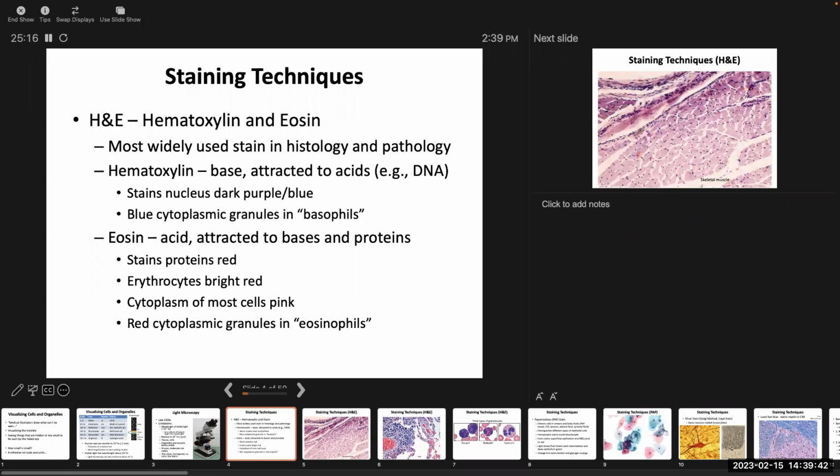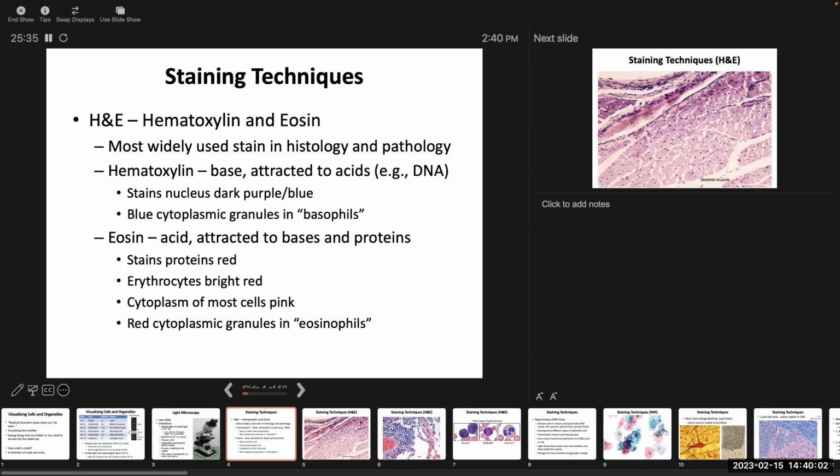So since hematoxylin is a base, they knew that there's something in the nucleus that's acidic. So that's where the word nucleic acid comes from. It just means acidic stuff in the nucleus. And it wasn't until decades later that they found out, oh, there's something in here called DNA. All they knew was there was something acidic in the nucleus.